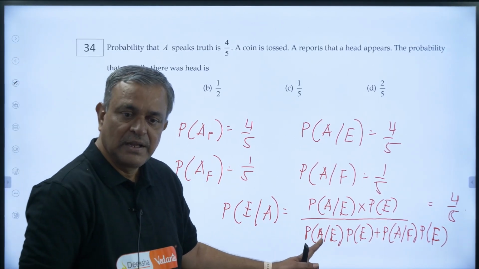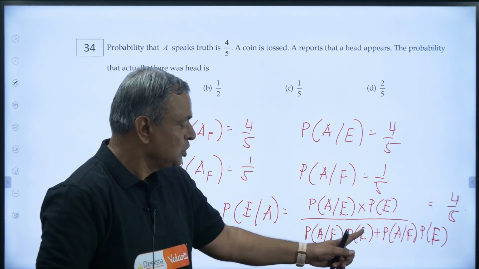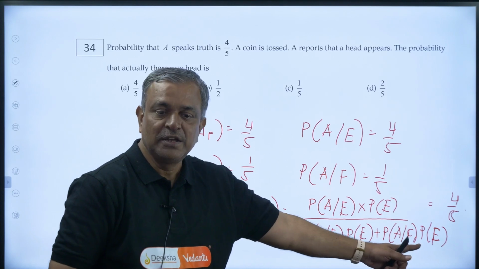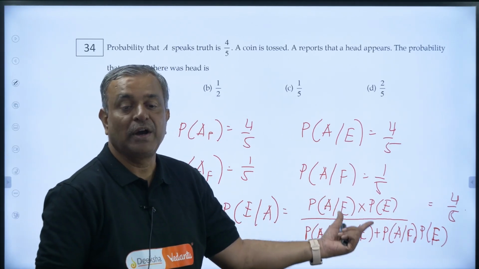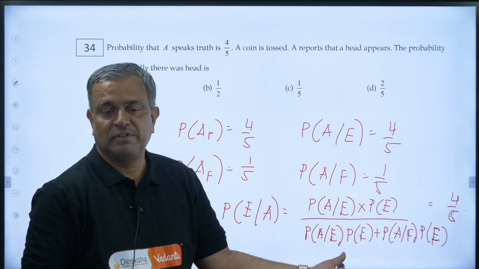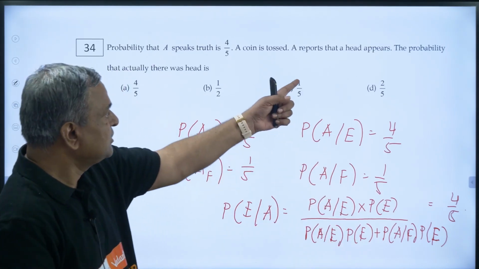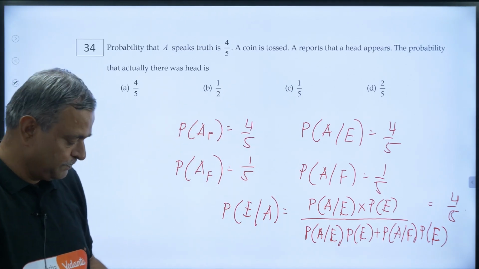So the coin is tossed, head came; or the coin is tossed, tail came. Clear? Head or tail, the probability is only 1 by 2. The favorable case is that the coin is tossed and he speaks the truth and got a head, that is, the probability that actually there was a head and head also came.